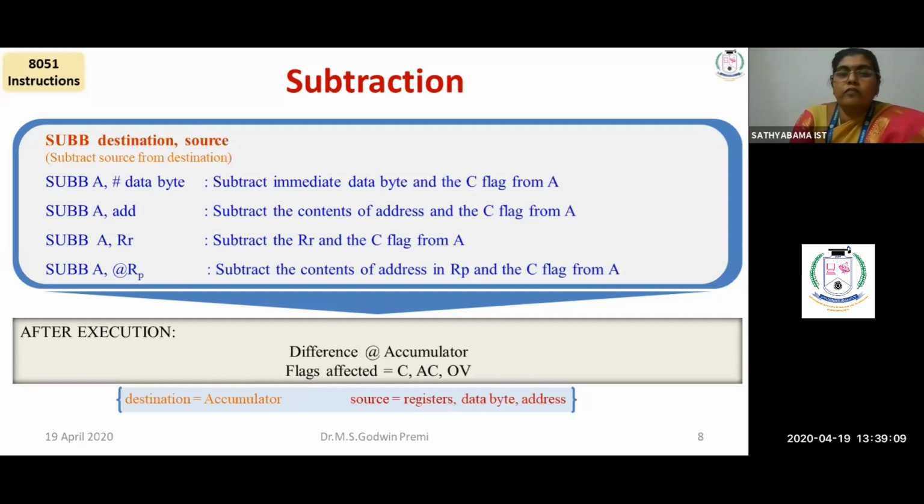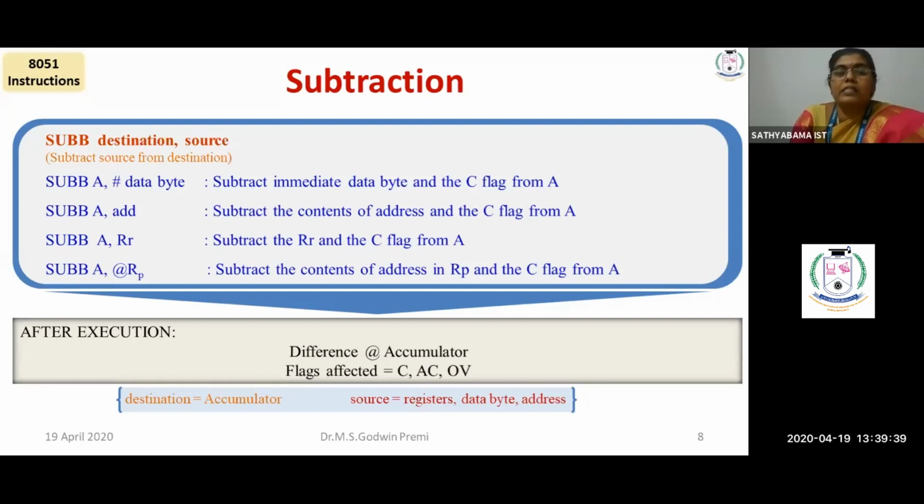So 05 is accumulator content, 02 is R3 content, and 05 minus 02 is 03. But if the carry is 1, then 03 minus 1, so you will be getting only 02. So here all the subtraction instructions use the carry flag. So subtraction is performed along with the carry.